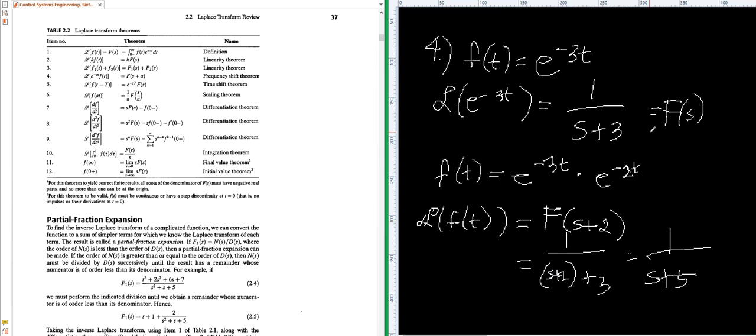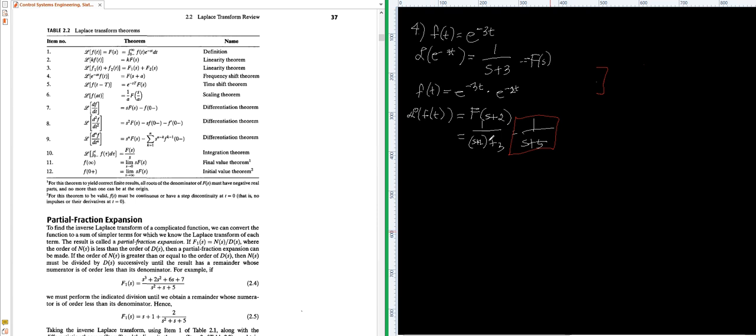This is your Laplace transform, shifted by negative 2, so the s becomes s plus 2, giving s plus 5.